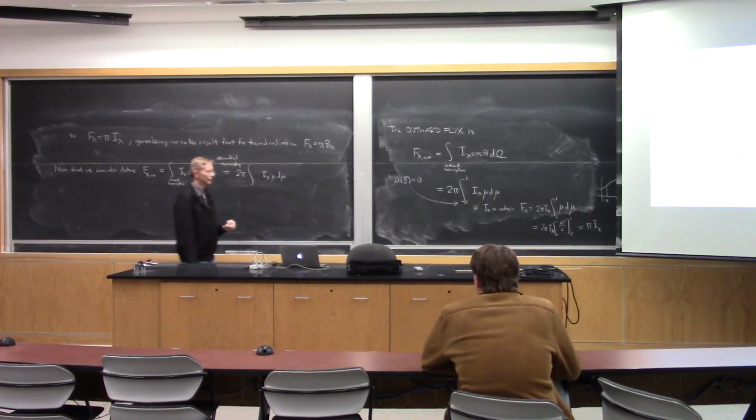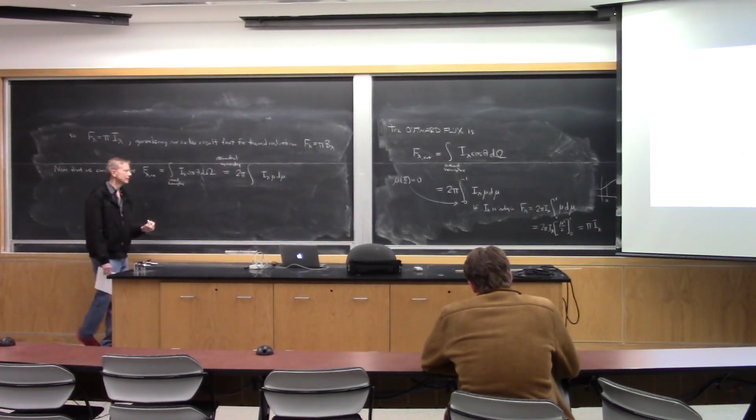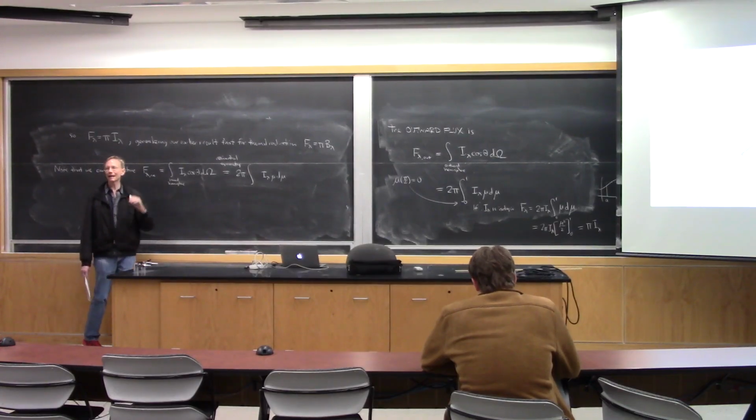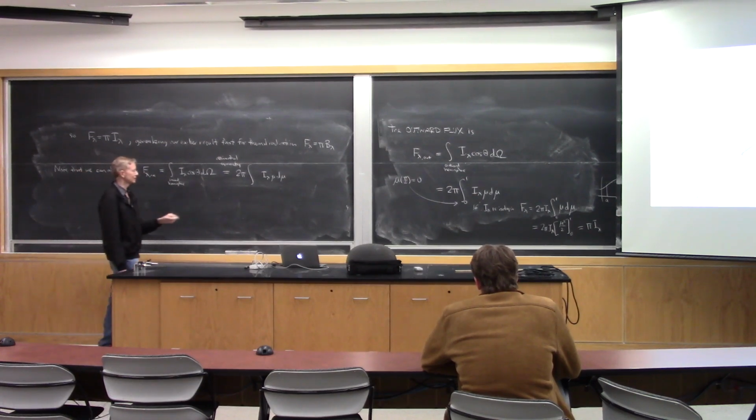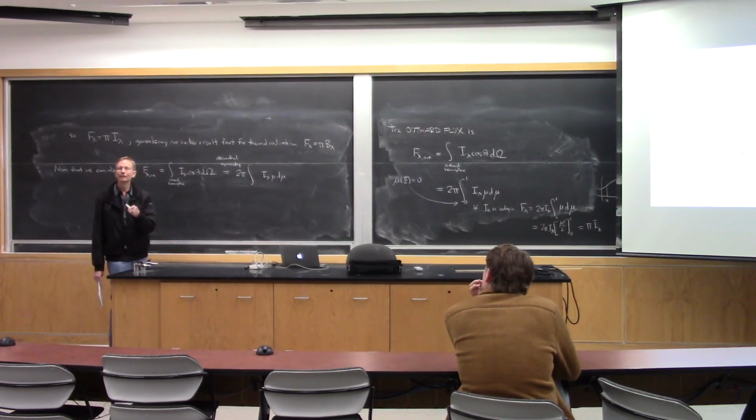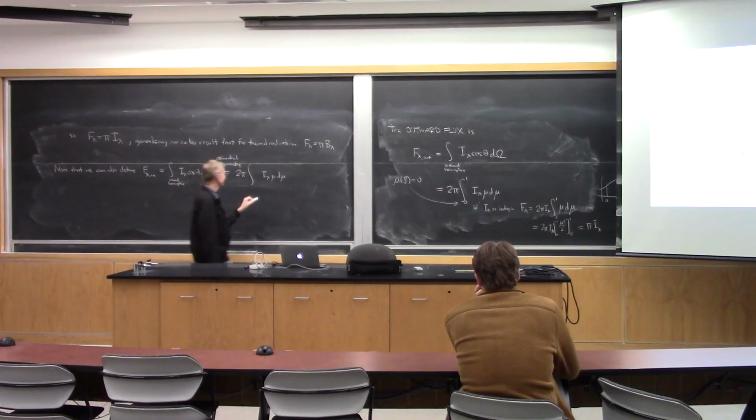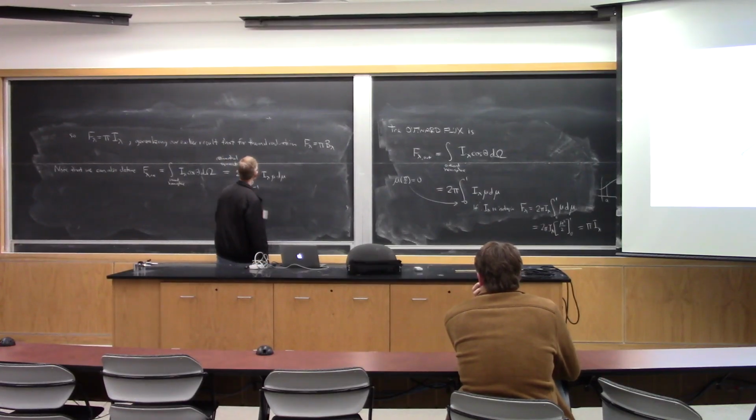what are my limits going to be this time? If we do the whole shebang, it's -1 to 1. If we do the outward hemisphere, it's 0 to 1. What's it going to be if we do the inward hemisphere? What's the lower limit going to be? What's the upper limit going to be? Not 1, 0, close. -1 and 0, yeah, the other half, -1 and 0.